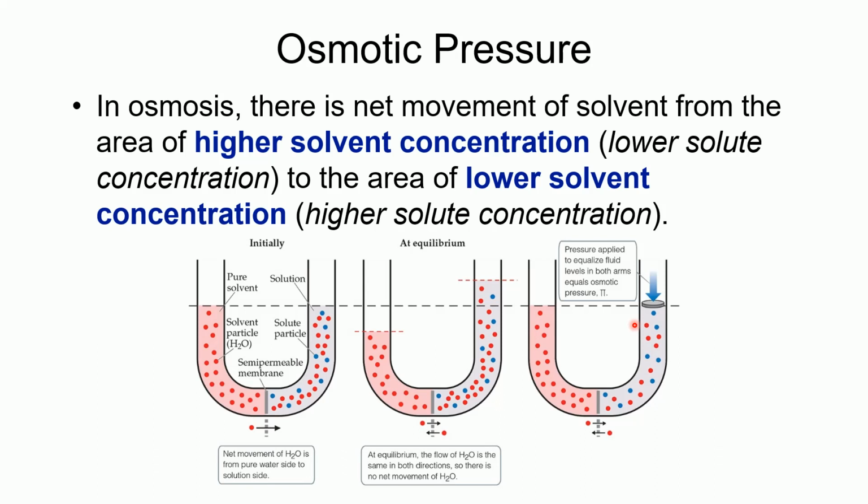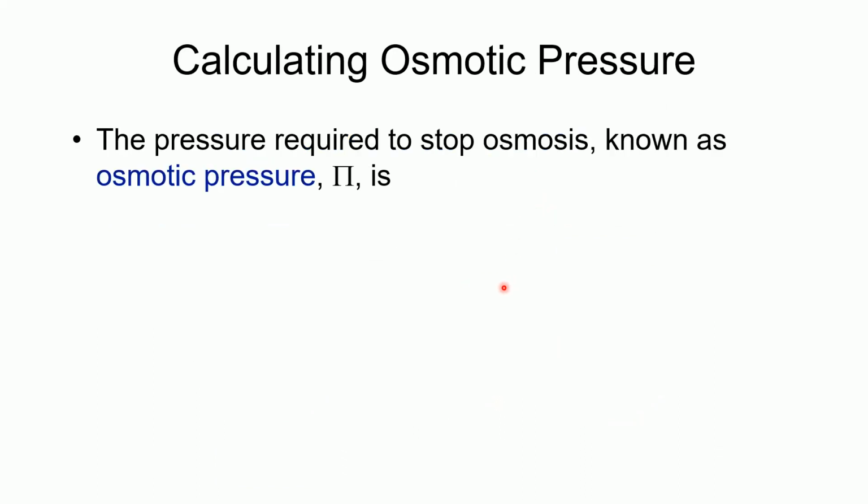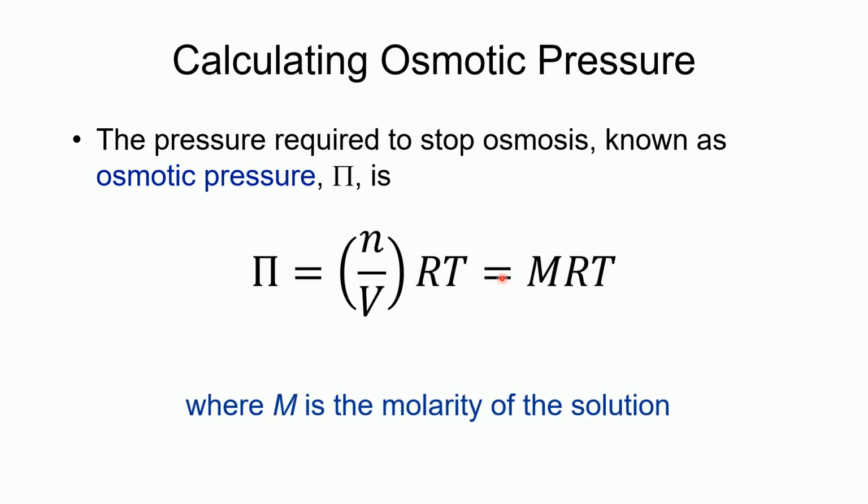Okay, well, calculating the osmotic pressure is relatively easy, and it looks just like an equation that we've seen many, many times, which is the ideal gas law. Instead of P, we're going to use pi, uppercase pi, as our osmotic pressure is equal to n over V times RT. But again, that looks just like our ideal gas law. So we're quite familiar with this.